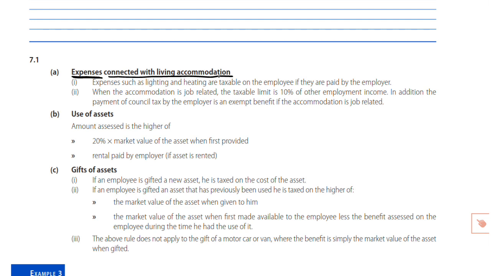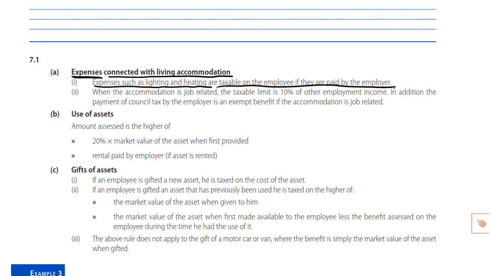What do we do with those? Well, to begin with, a very obvious one. Expenses such as heating and lighting, your gas bills, your electricity bills there, are taxable on the employee if they are paid by the employer. Yeah, if the employer is paying for any of the running costs that attach to that particular property, then they are going to be assessable benefits on top of the annual value and the expensive accommodation benefit that we've already accounted for.